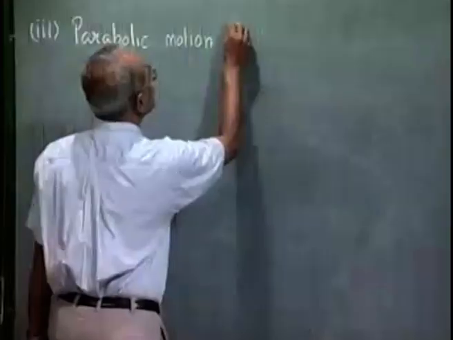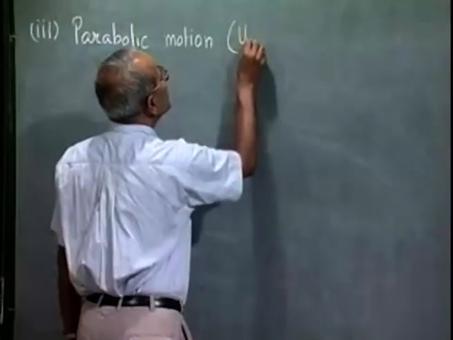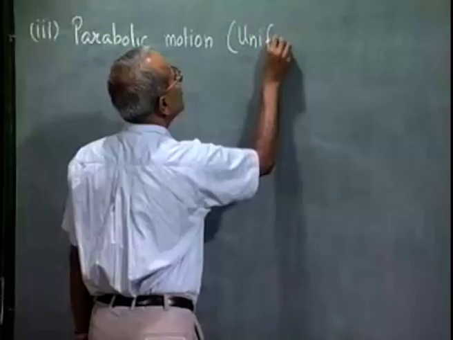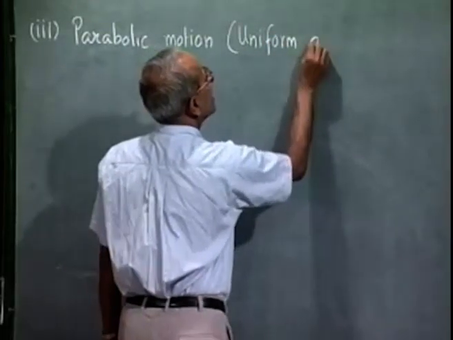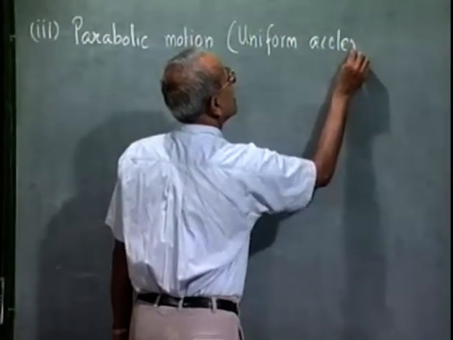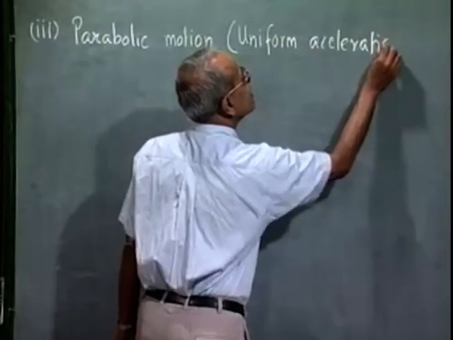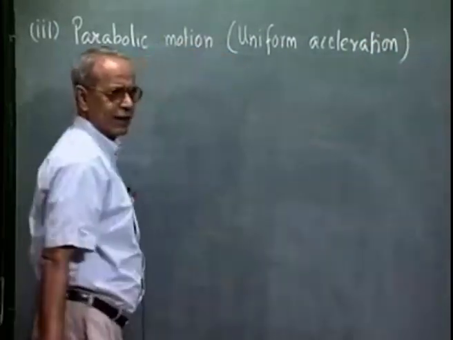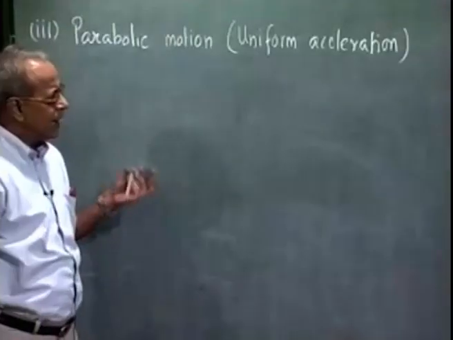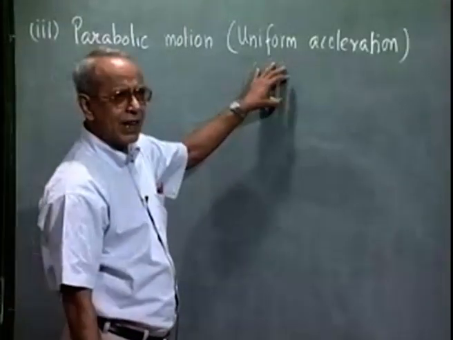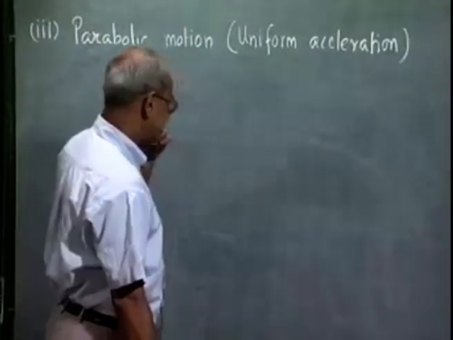So, this is also known as uniform acceleration and deceleration. Uniform acceleration, constant acceleration for the first half of the rise, and the second half of the rise with the same value of deceleration.